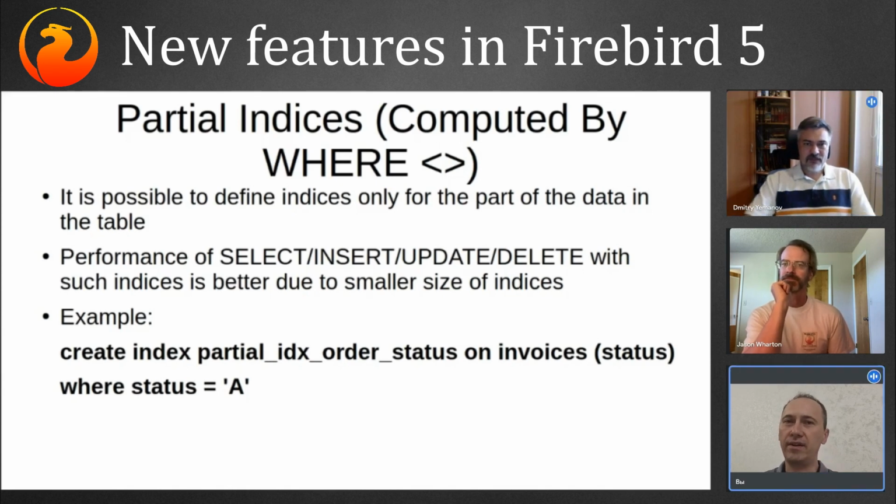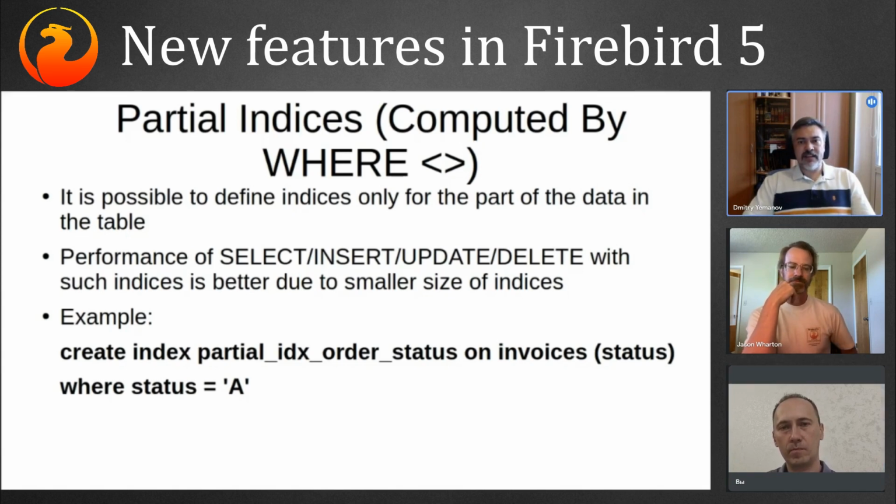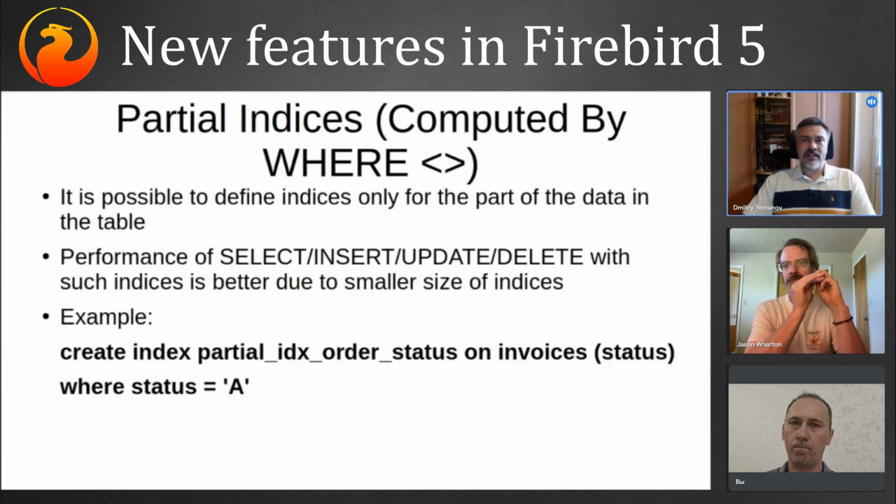And Dmitry, just to clarify, this feature does not require any changes in SQLs in queries, right? Absolutely. But sometimes, depending on how you define the condition of the partial indexes, it may force you to add some special condition. For example, if you index by particular year, you cannot select by just full date anymore.